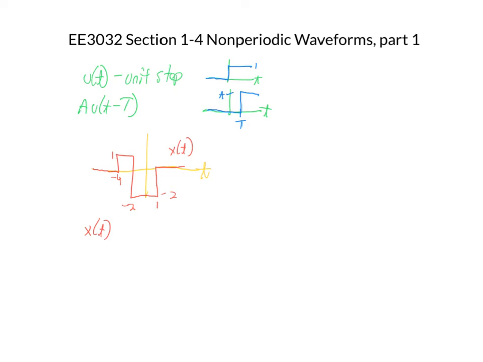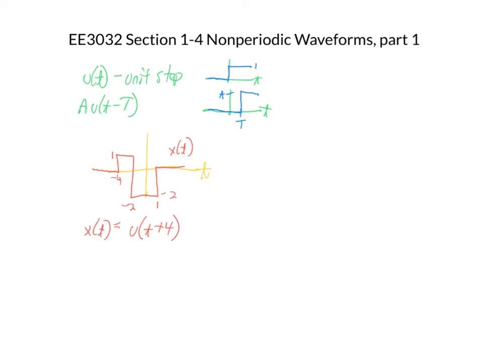So we can model that part by taking a unit step with amplitude 1, because that's what the red waveform is going up to. But now we're going to go at t minus the time delay, or the time that the signal comes on. And it comes on at -4, so it's t minus -4, or t plus 4. So when you see t plus 4, that means we're moving the waveform to the left.